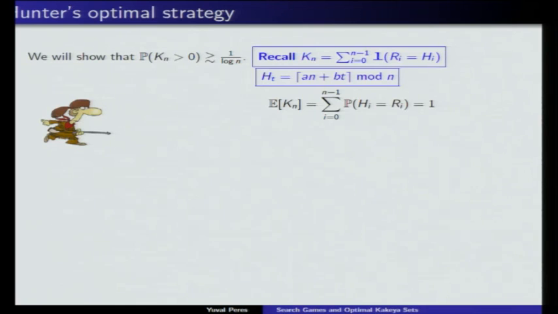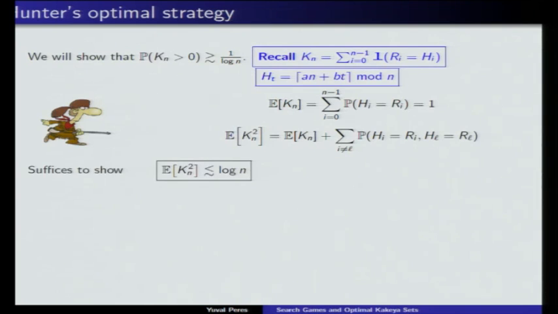So the expected number of collisions is just 1 in a round. So what about the second moment? You expand the second moment. The diagonal term is identified with the first moment, and then you have a sum over i different from l of this correlation, the probability of collision at time i and at time l.